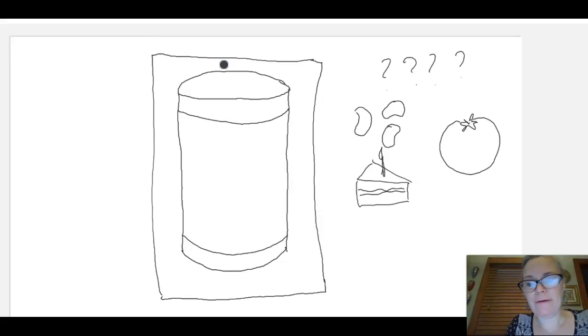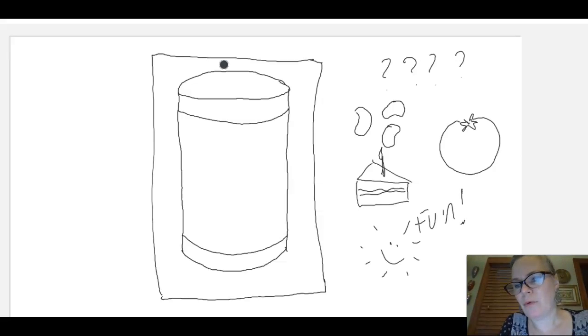Maybe it's a can of fun. What would a can of fun look like? So on this can, you want to draw a picture of whatever it is that you want to put in the can.